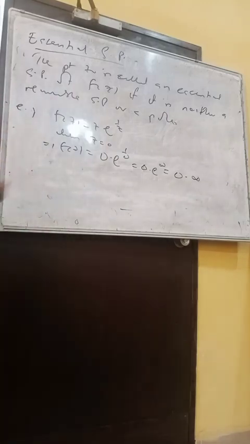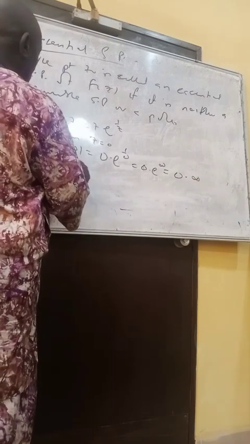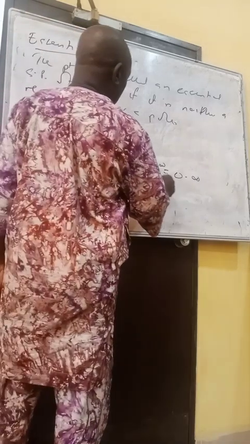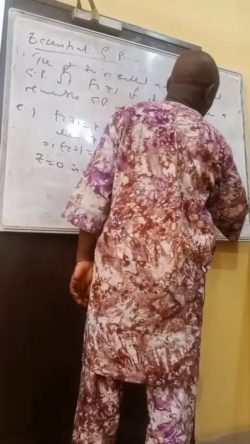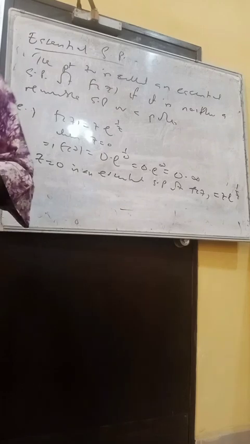This is not removable, and it's not a pole. So it's an essential singularity point. Is that okay? So z equal to 0 is an essential singularity point of f of z, which is equal to z e raised to power 1 over z. So maybe we stop here today.